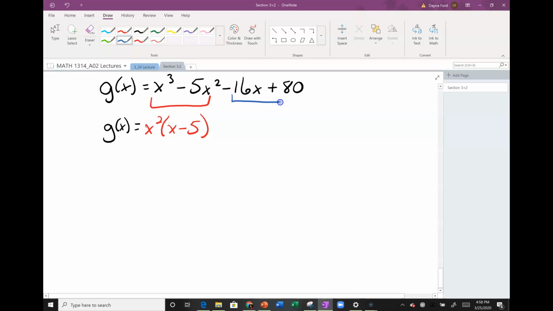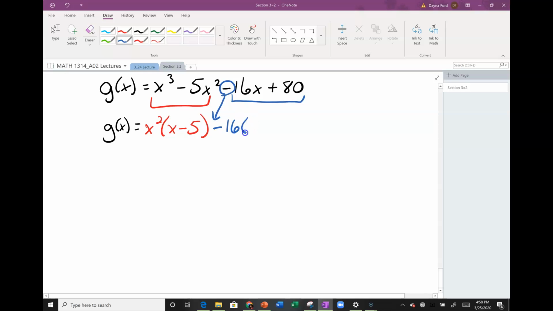Then I'm going to look at my second set of terms. And when I'm looking at those, I want to find, is there a number that will divide into both of them? Remember, I always take this sign here, so it's a negative. In this particular case, my greatest common factor for those 2 is actually going to be a -16.